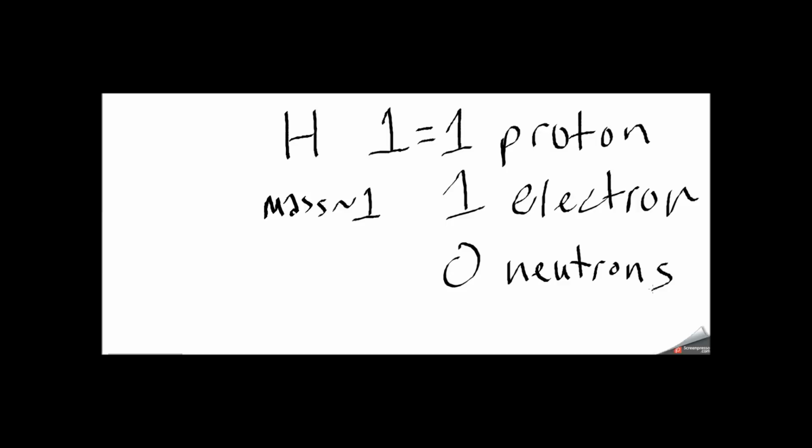The electron's mass is so minute that it cannot even be considered in the atomic mass. So if the atomic mass is 1 and the atomic number is 1, meaning that it has 1 proton, that means that it'll have 0 neutrons because the sum of the protons plus the neutrons equals the atomic mass. So we can get all that data just by knowing that hydrogen is number 1 on the periodic table.